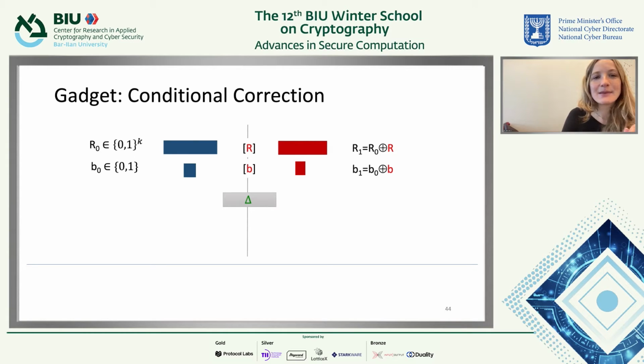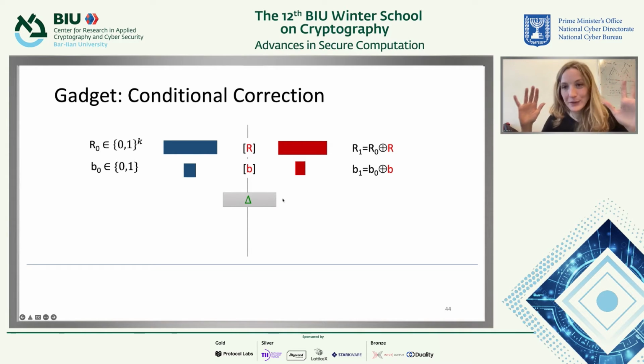Explicitly, my blue rectangle here is a value R0, and whatever you have is equal to my R0 XOR this value R. This middle line here is my notation of what you get if you add the two pieces together. That is, our pieces are secret shares of R in this case, and similar for B. And suppose now that there's some public value that we both see, which I'm calling delta.